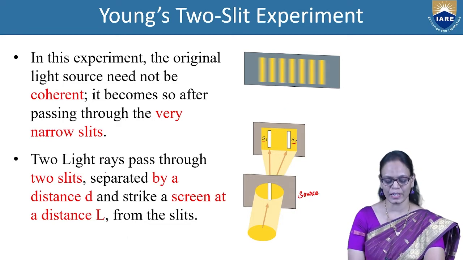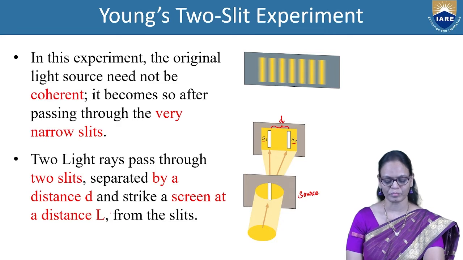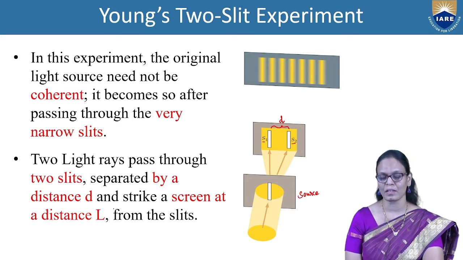So what we see here is two light rays pass through the two slits separated by a distance d, meaning the distance between the two slits is considered to be small d. And then the light coming out from these two slits strikes the screen at a distance L from the slits.